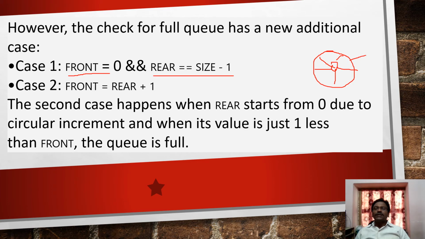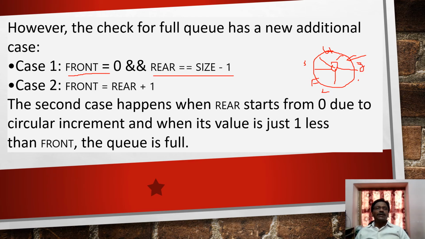So in case it is the initial stage, the 0th position, first, second, third and fourth. In case we delete an element, again it is used for reusability. It means in this case maybe the front value is representing 2 and the rear value is representing 0.